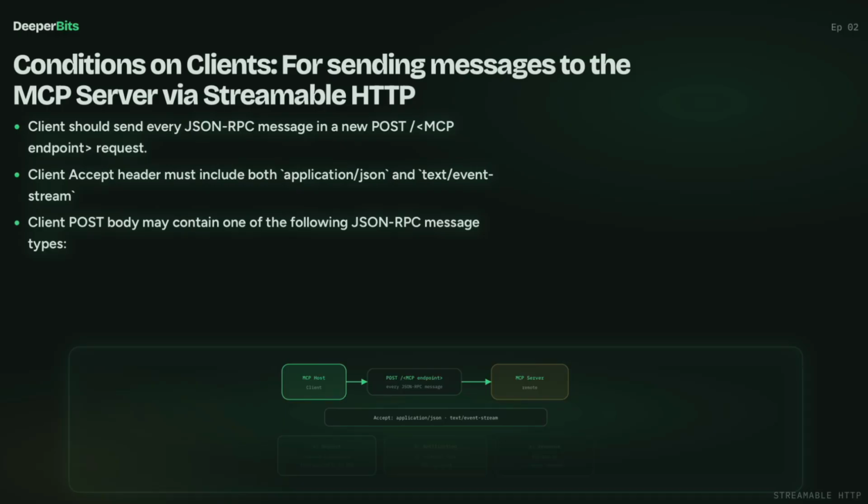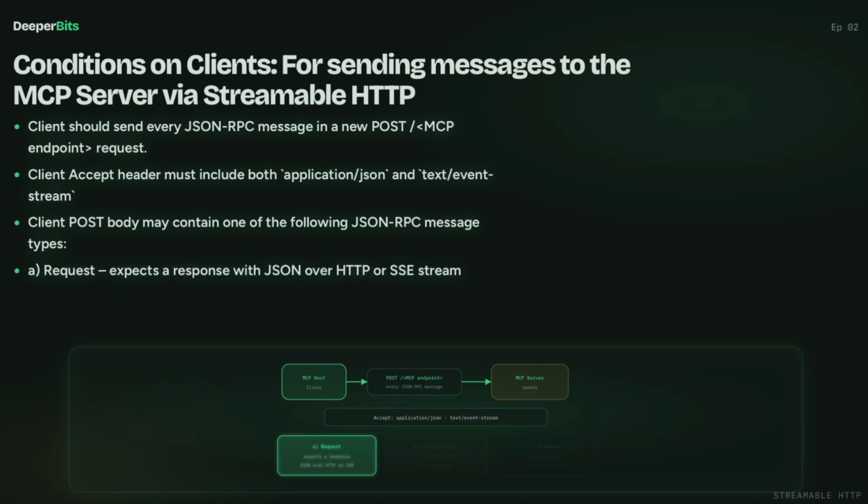The first type is called a request. What it means is a client is sending a request to an MCP server and it is saying, I want a reply, I want something in the body. So that is called a request. The second type is where the MCP client is sending a request to the MCP server and it is saying, I don't want a body, I want only a 202 status code, and that is called a notification.